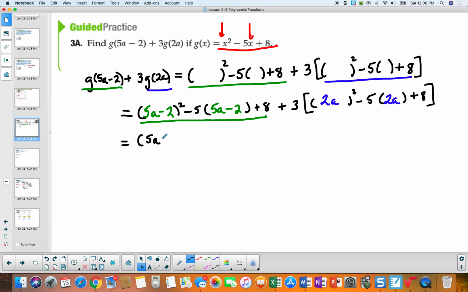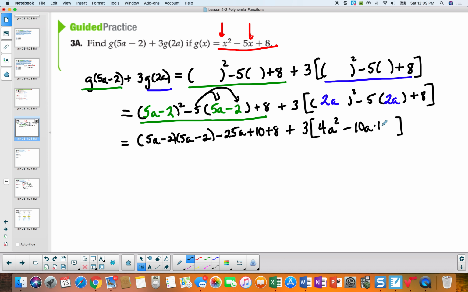5a minus 2 squared means this. And then I'm going to start distributing. So that's minus 25a, and distribute, that's plus 10 plus 8 plus 3. Now I'm going to keep this in brackets here, and I'm going to multiply this out. That's going to be 4a squared minus 10a plus 8. I'm going to continue to multiply.